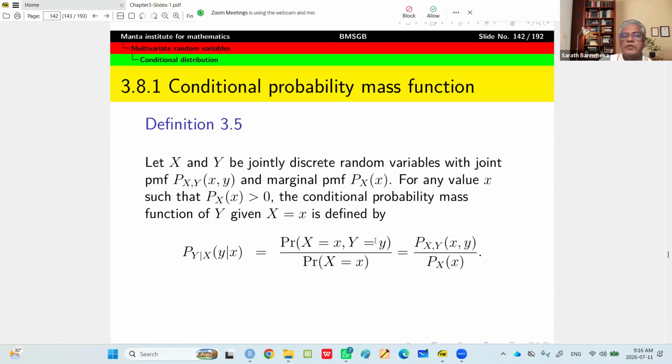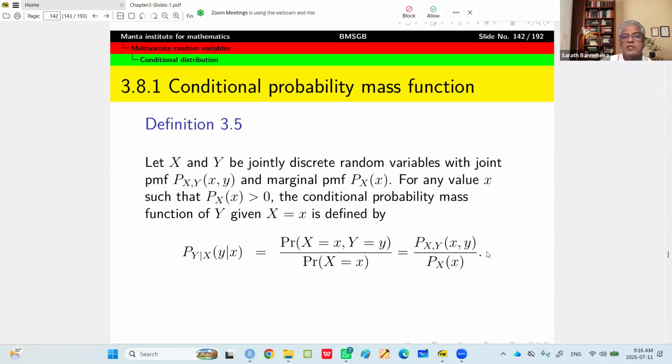If we use the probability mass functions, joint probability mass function and marginal probability mass function, we can write this as the joint probability mass function of x and y evaluated at the point (x, y), divided by the marginal mass function of x evaluated at x.